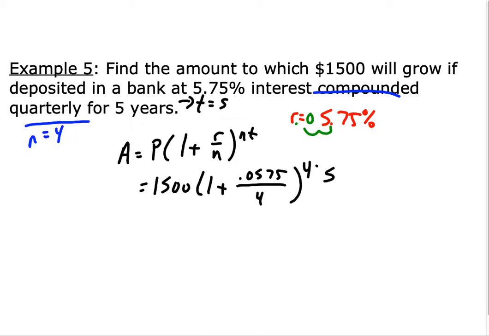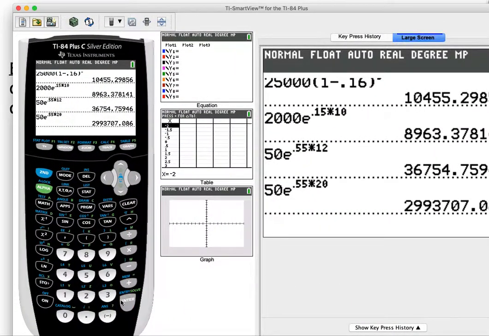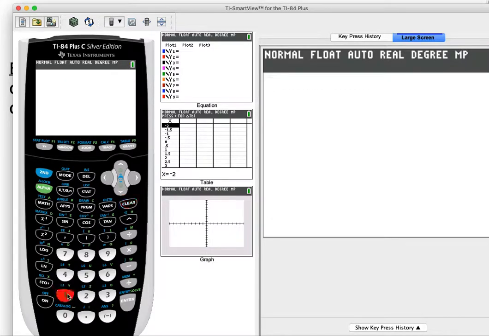So let's plug that into our calculator. Again, I'm going to clear this out of here. So we've got 1,500, parentheses, 1 plus 0.0575 divided by 4, parentheses, caret key, and you do 4 times 5 in your head and put in 20 there.